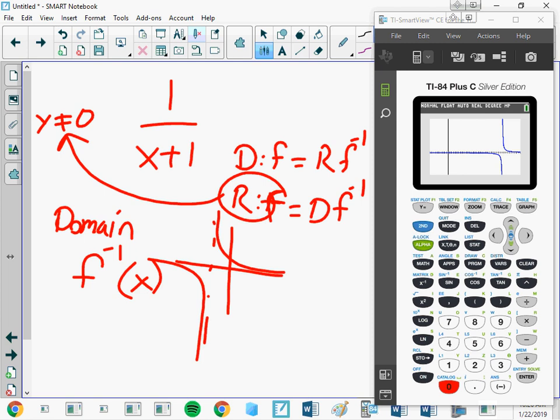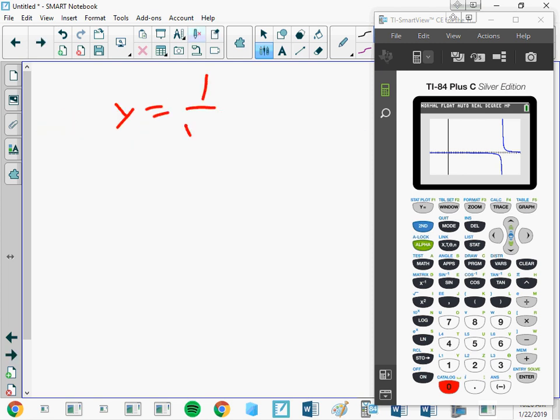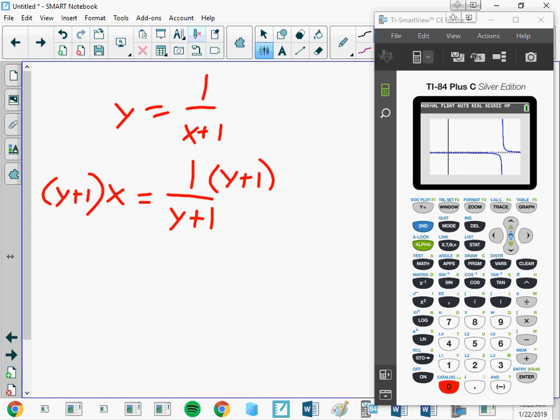Now, what if you forget that? How do you take the inverse of y equals 1 over x plus 1? Switch the x's and the y's. So every y becomes an x, and every x becomes a y. Now I just need to solve. So I'm going to do y plus 1 and y plus 1. Those cancel.